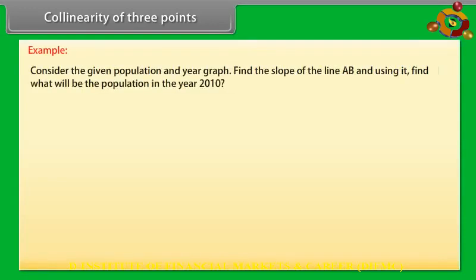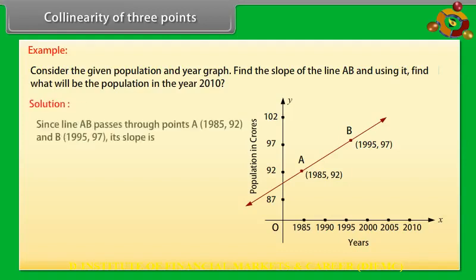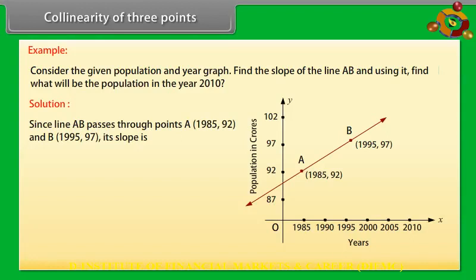Example. Consider the given population and year graph. Find the slope of the line AB and using it, find what will be the population in the year 2010. Solution. Since line AB passes through points A(1985, 92) and B(1995, 97), its slope is (97 minus 92) by (1995 minus 1985) is equal to 5/10 is equal to 1/2.